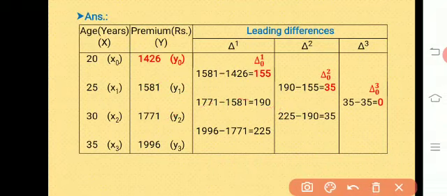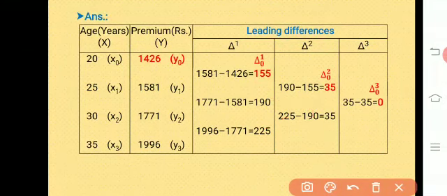Similarly, 1996 minus 1771, this difference you will get 225. Then we will find delta square, second leading difference. This is 190 minus 155, you will get 35. And this 225 minus this 190, you will get 35.